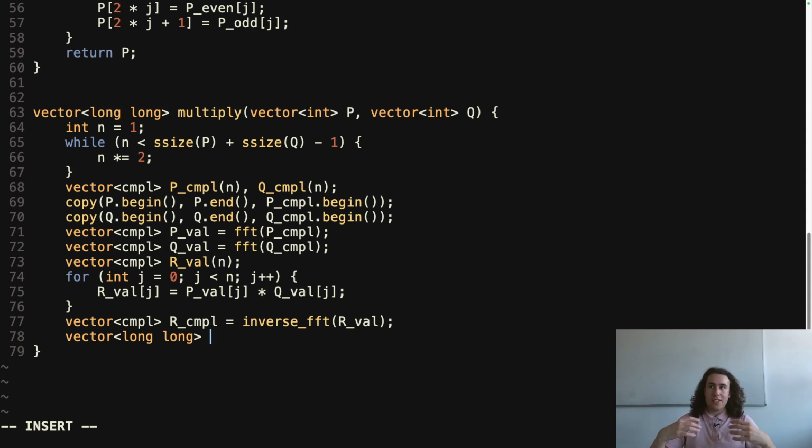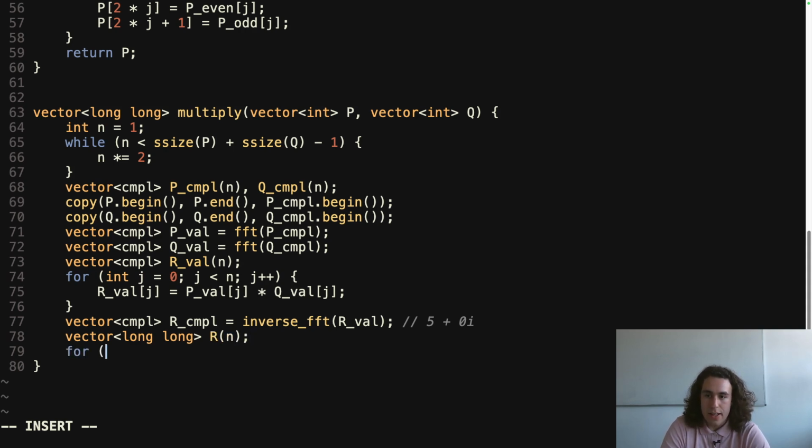But because we know that our initial polynomials were integers, we know that their product is also going to be integer. So even though this is a complex number, if we don't care about the error, right, there's always going to be some error when we work with doubles. But if we ignore that, this number should look like, I don't know, some 5 plus 0i, or like 5 plus epsilon i, and this is also like 5 plus or minus epsilon.